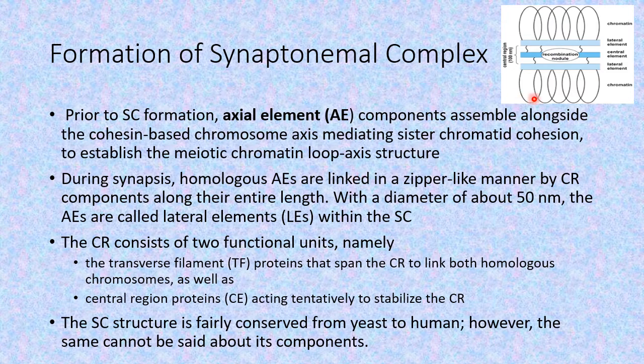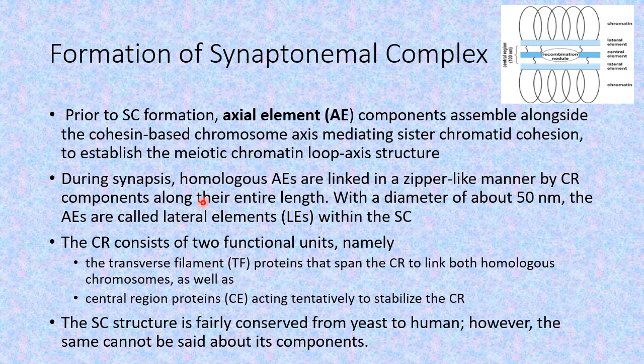These elements are present between the two daughter chromatids, and at the time of prophase 1, when pairing between the homologous chromosomes takes place, these axial elements take the form of lateral elements. They are approximately 50 nanometers broad, and now their function as lateral elements will be to glue together the two homologous chromosomes.